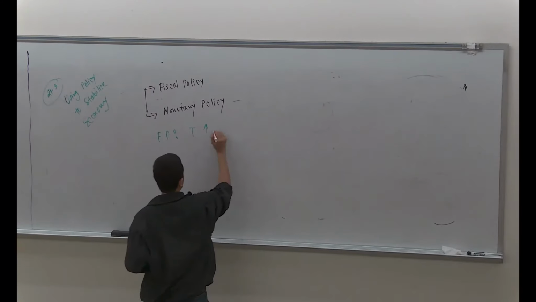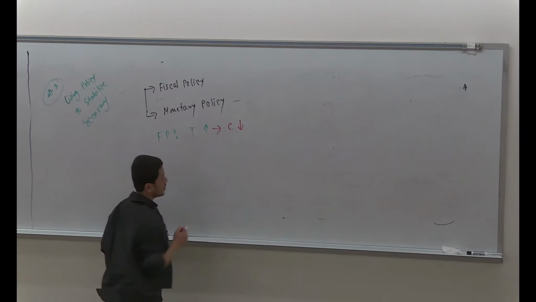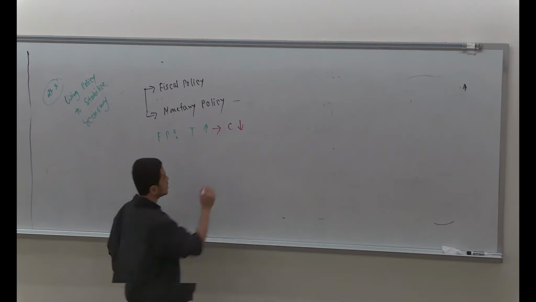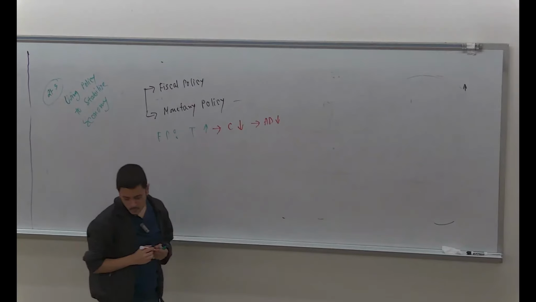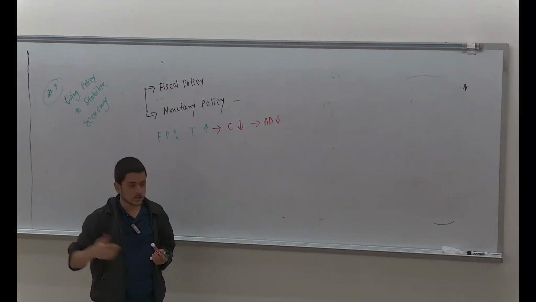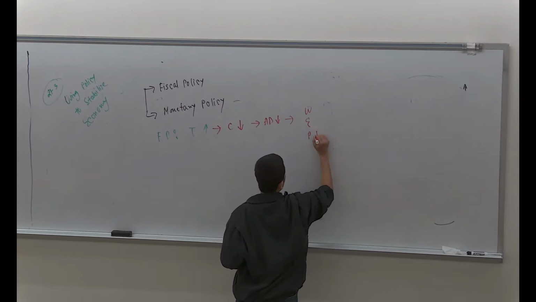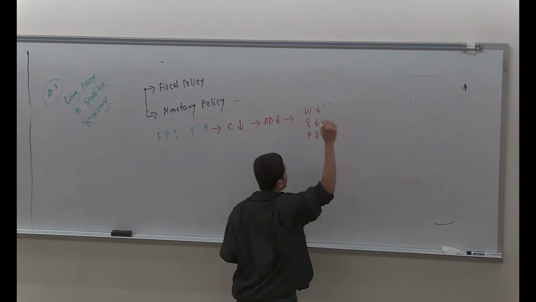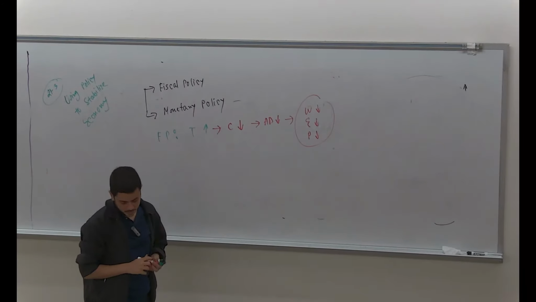Let's say personal taxes: consumption will fall because tax is high, and we know that aggregate demand falls. That means the firms' wages, employment, and profit also fall, and again AD falls, which is not good for the economy.